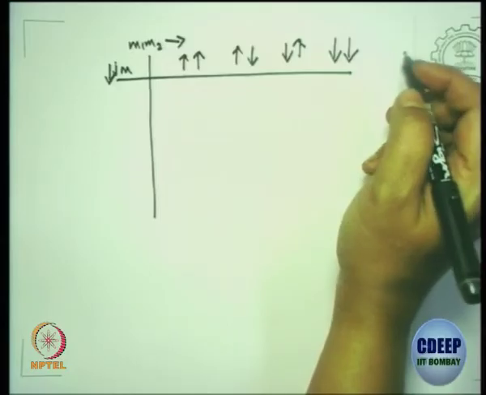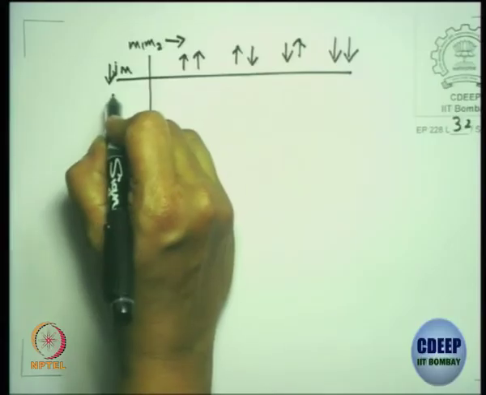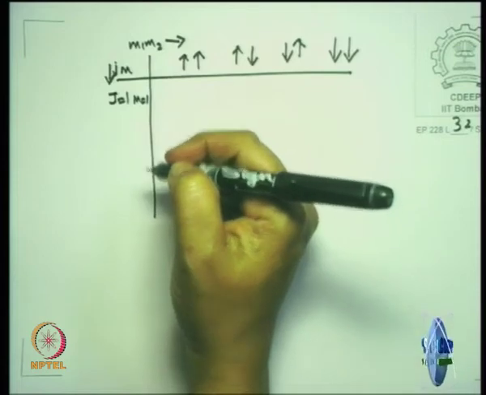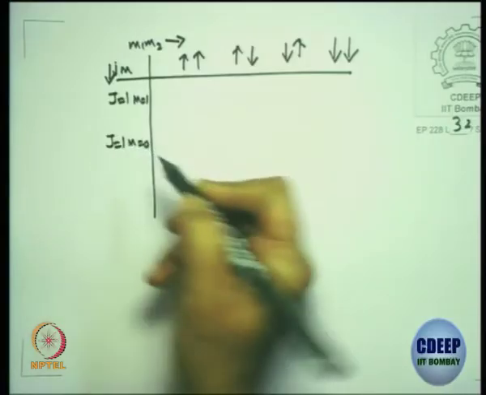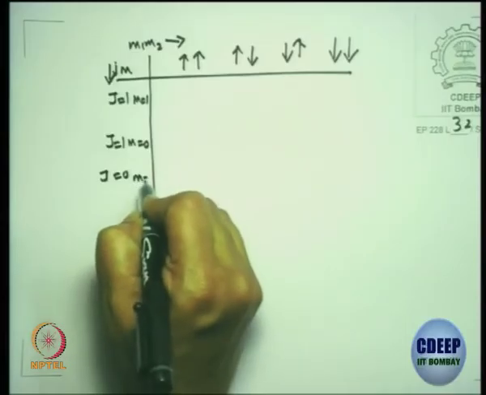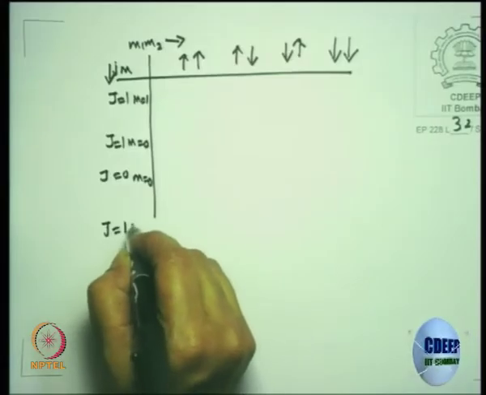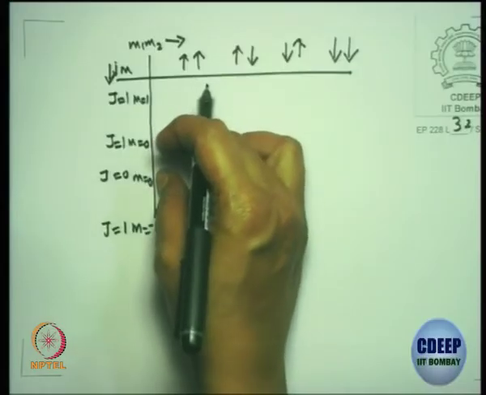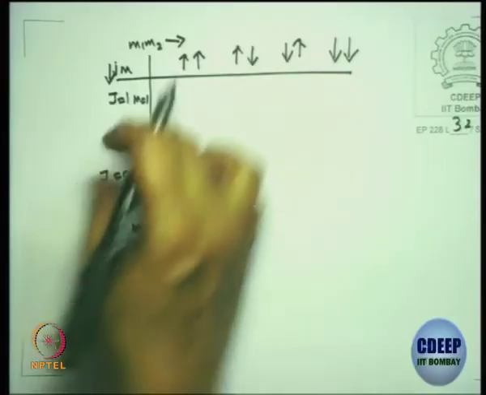Clear? So let's write the states: j equal to 1, m equal to 1; j equal to 1, m equal to 0; j equal to 0, m equal to 0. I'll tell you why I'm doing this. And j equal to 1, m equal to minus 1. Both the m equal to 0 can happen for both j equal to 1 and j equal to 0. I'm just putting it together.